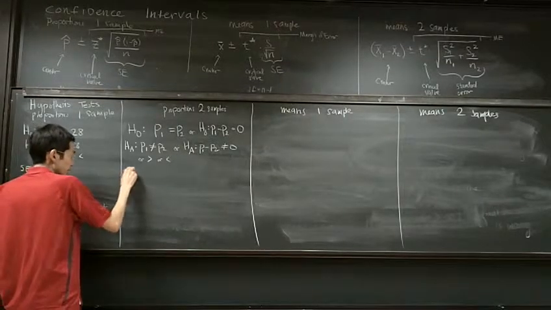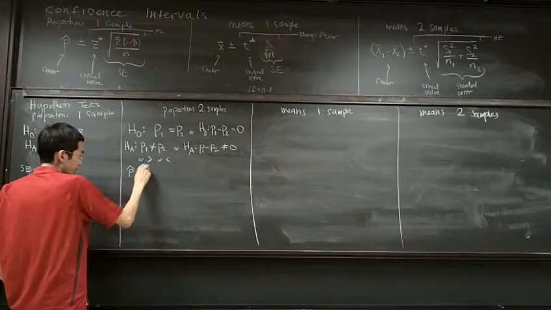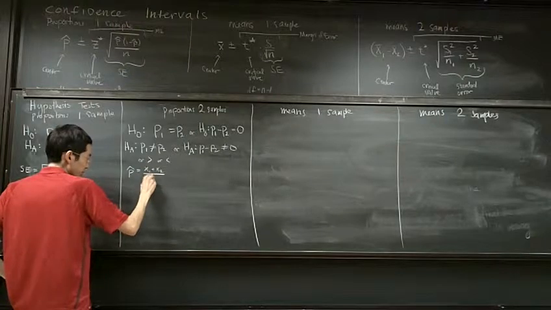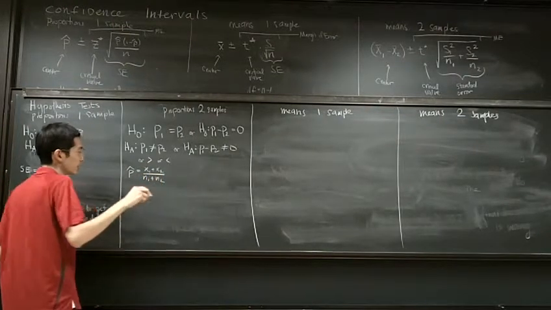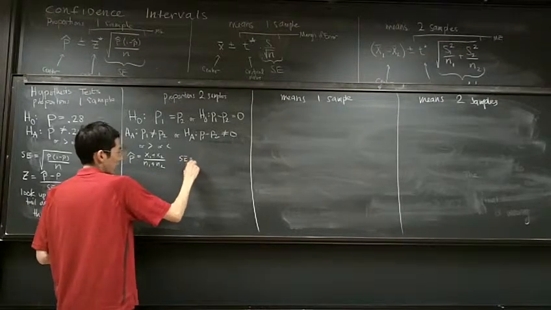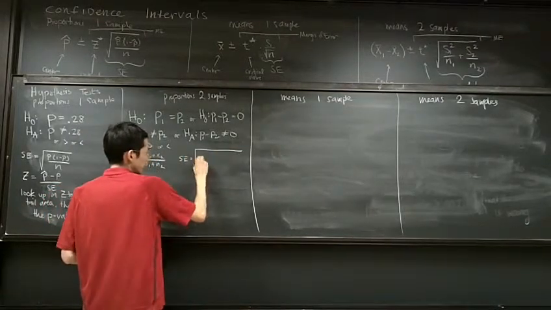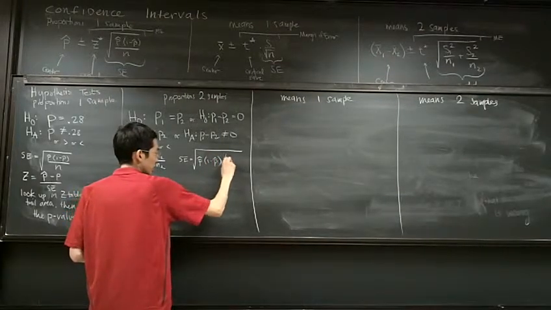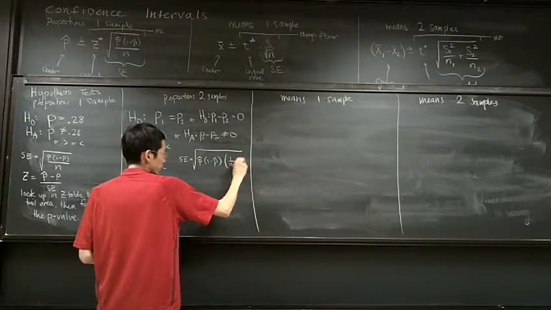You have to figure out this p hat, which is going to be x1 plus x2 over n1 plus n2. Figure that out, and then you can get your standard error, which is the square root of p hat times 1 minus p hat times 1 over n1 plus 1 over n2.